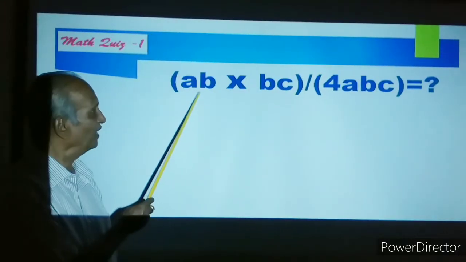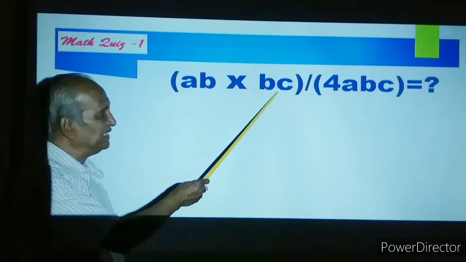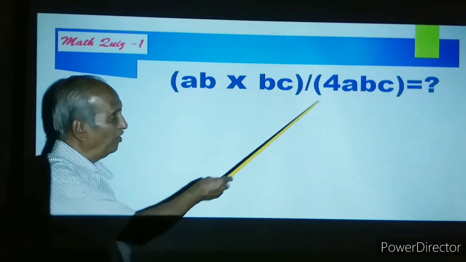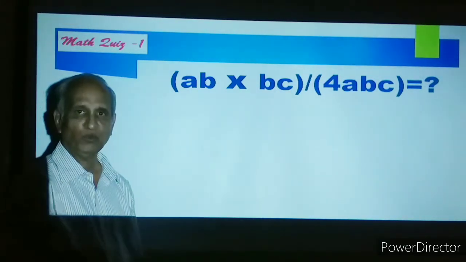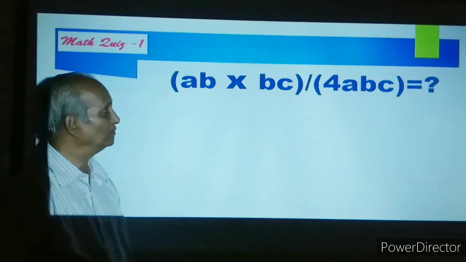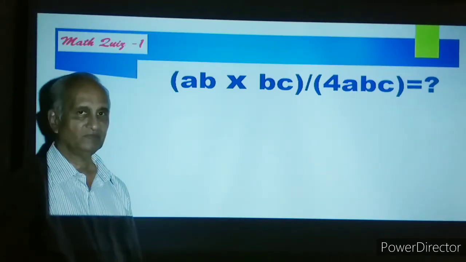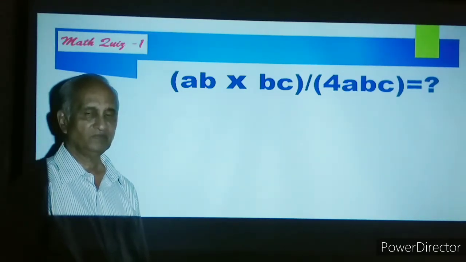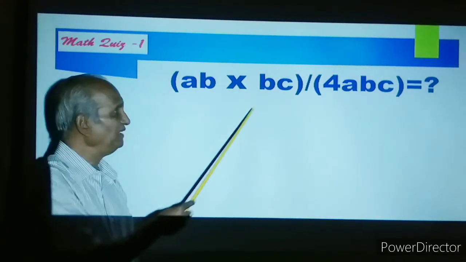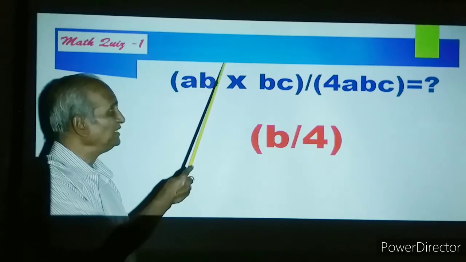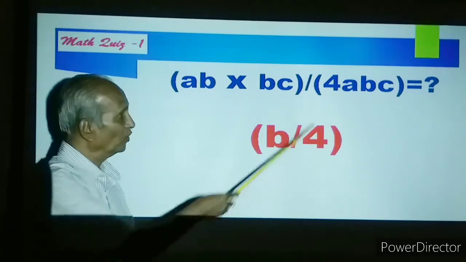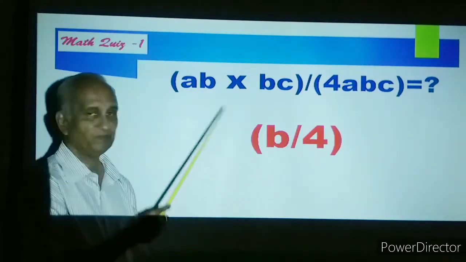Next question, AB into BC over 4ABC. What is the answer? AB into BC is AB squared C over 4ABC.